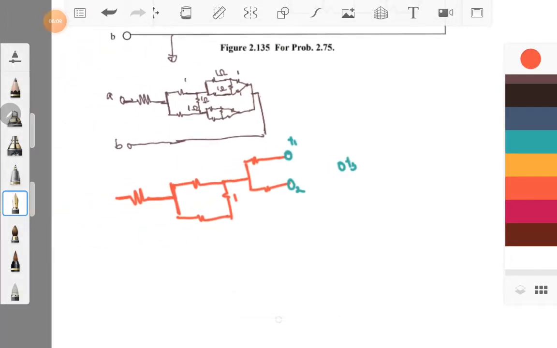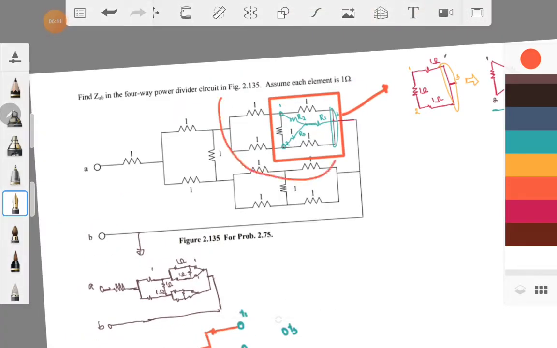Since this circuit is equal to this circuit, we will copy that directly. Whatever the value of this one will also be the value of this circuit. Okay?